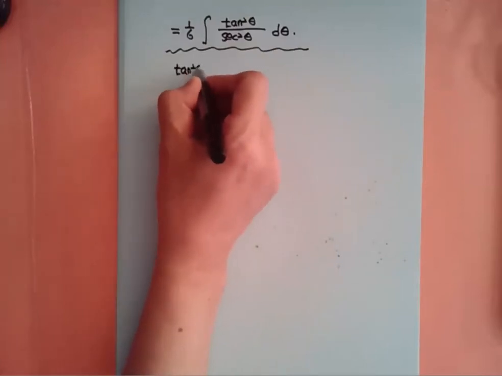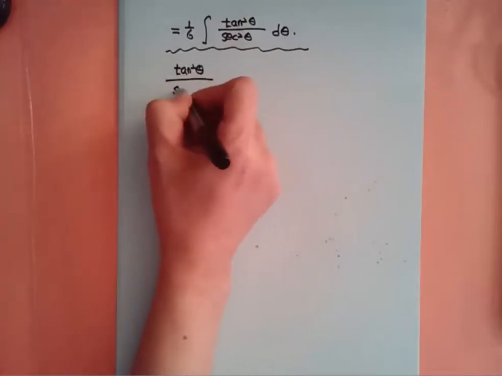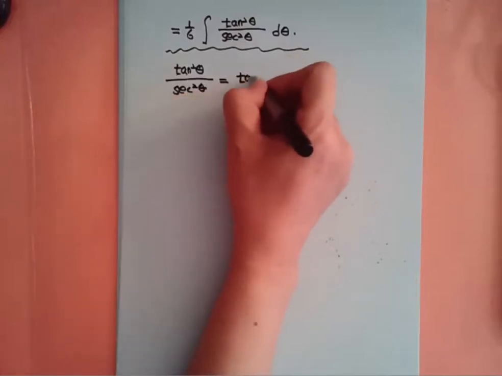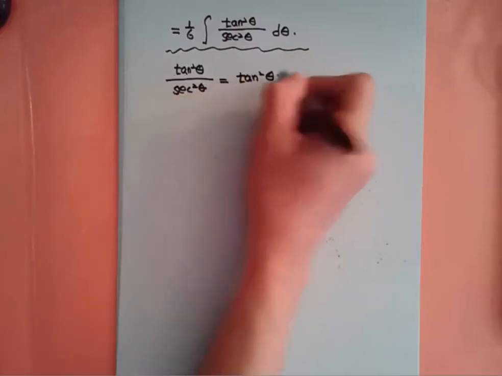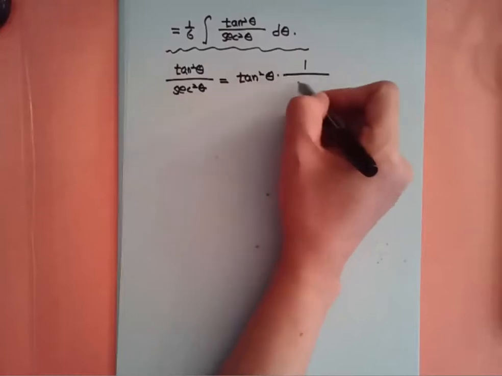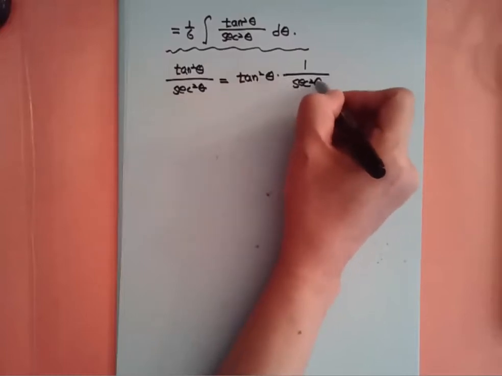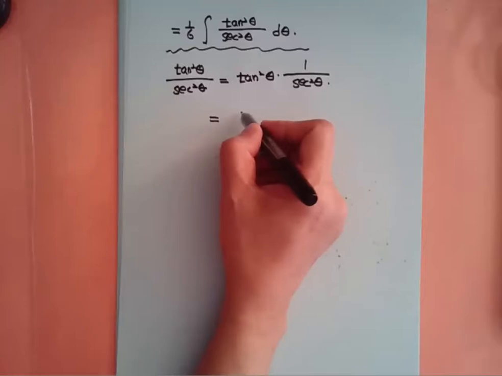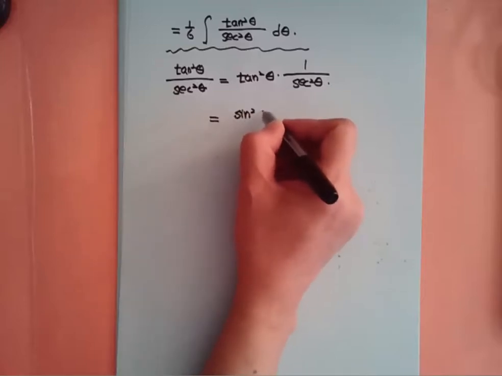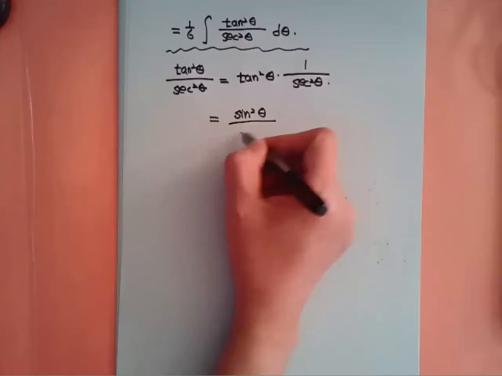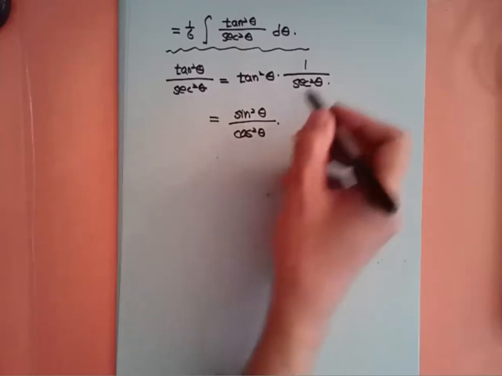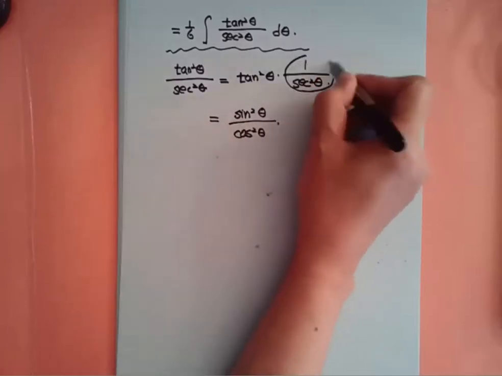Tangent squared of theta over secant squared of theta equals tangent squared of theta times 1 over secant squared of theta. So tangent squared of theta is sine over cosine. So sine squared of theta over cosine squared of theta times secant, which is the reciprocal of cosine.